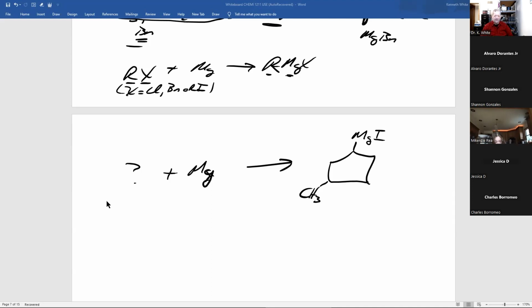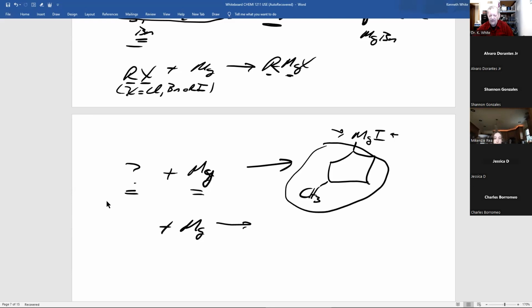All right, let's move forward. How do you figure out what do I react with magnesium, Mg, to make this product? What's different? What's not carbon? What's not hydrogen? Ooh, magnesium with a halogen and carbons here. This is a Grignard reagent where X can be chlorine, bromine, or in our case, iodine.